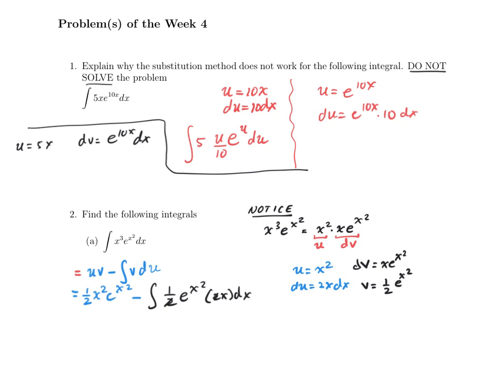Notice that this cancels, so you end up with 1/2 x squared e to the x squared minus the integral, which is essentially this one. So that's going to be again 1/2 e to the x squared plus a constant. And this is good enough, but you can factor the 1/2 e to the x squared. So this will be x squared minus 1, plus C. You can factor this even more, but this is good enough.